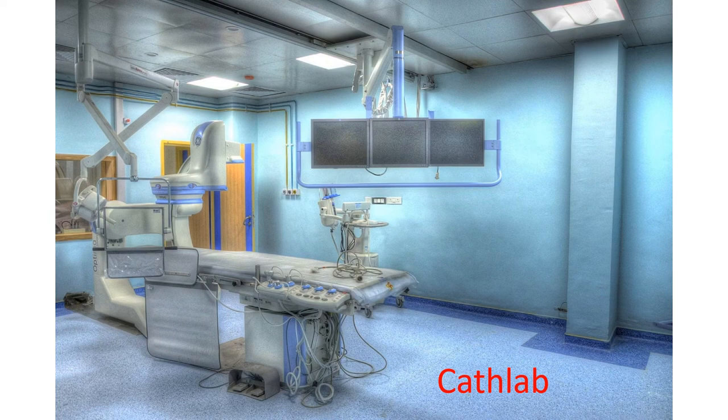These tubes, known as catheters, are guided to the heart using X-ray imaging equipment in a special room known as cardiac catheterization laboratory, cath lab. Tiny amounts of heart muscle can be taken out with specialized devices for study under the microscope, biopsy.